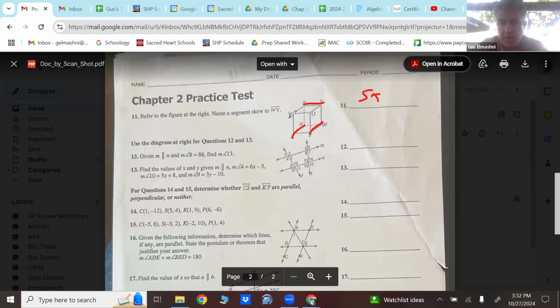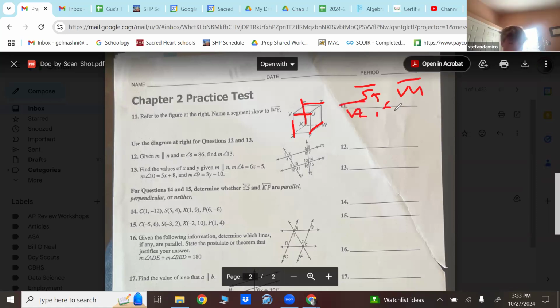XZ would be parallel, or SV or TU would be parallel, but definitely not ST. VU is also skew. It won't touch YW, but it's not parallel. But UY and TW, those are parallel. Also VZ and SX are going to be skew.